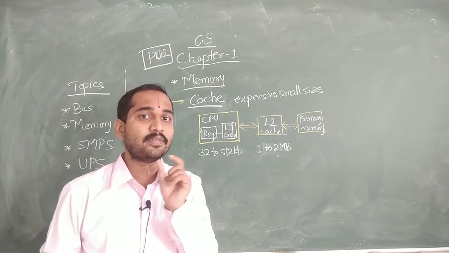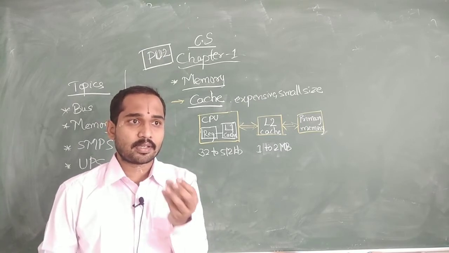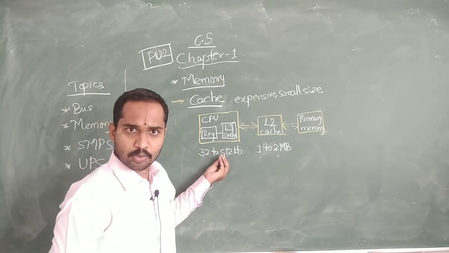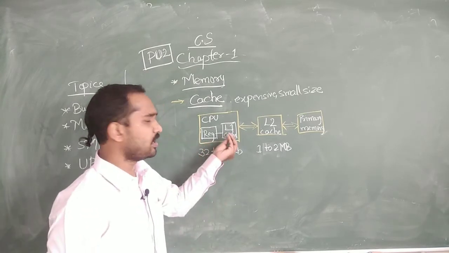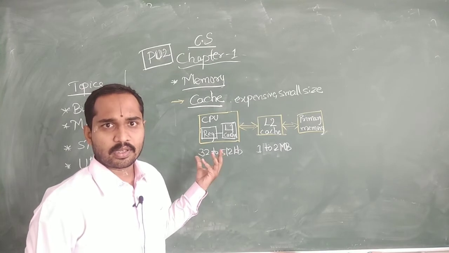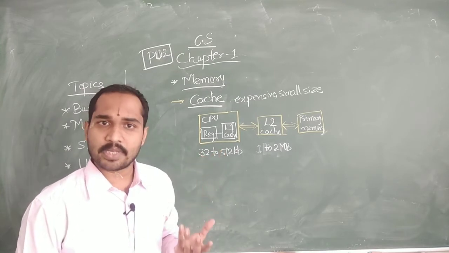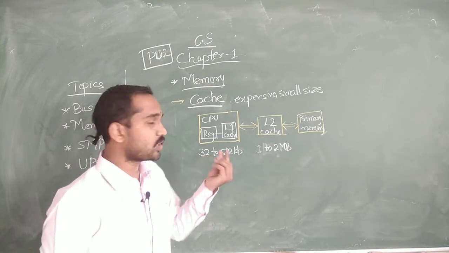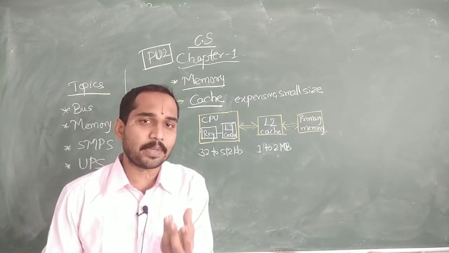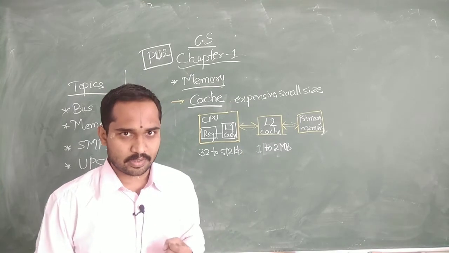That is level 1 cache. It is so near to the CPU that whenever some data is needed for processing, it gives it immediately. Not even nanoseconds of time is taken. Okay, that is level 1 cache. But it is only 32 to 512 kilobytes. So small a memory it is.